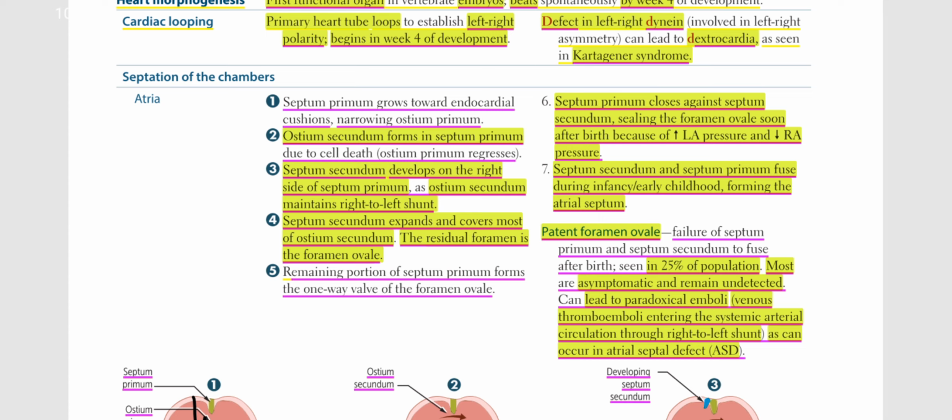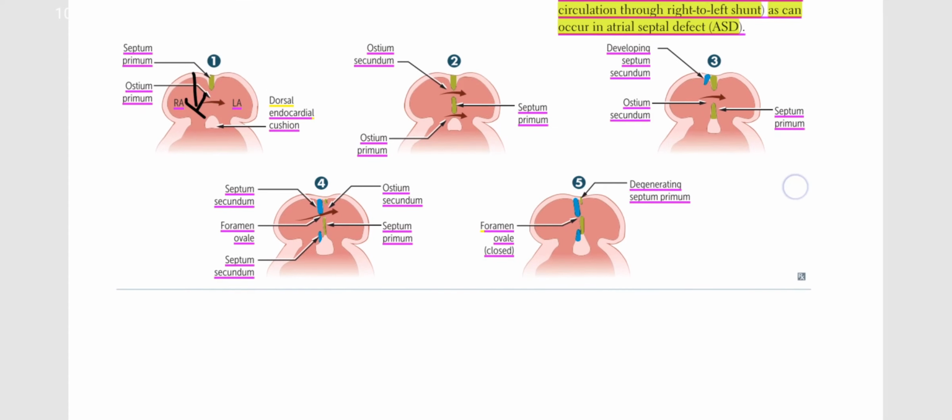Then we have patent foramen ovale, failure of the septum primum and septum secundum to fuse after birth, seen in 25% of the population. Most are asymptomatic and remain undetected, but it can lead to paradoxical emboli, venous thromboemboli entering the systemic arterial circulation through a right-to-left shunt, as can occur in ASD.